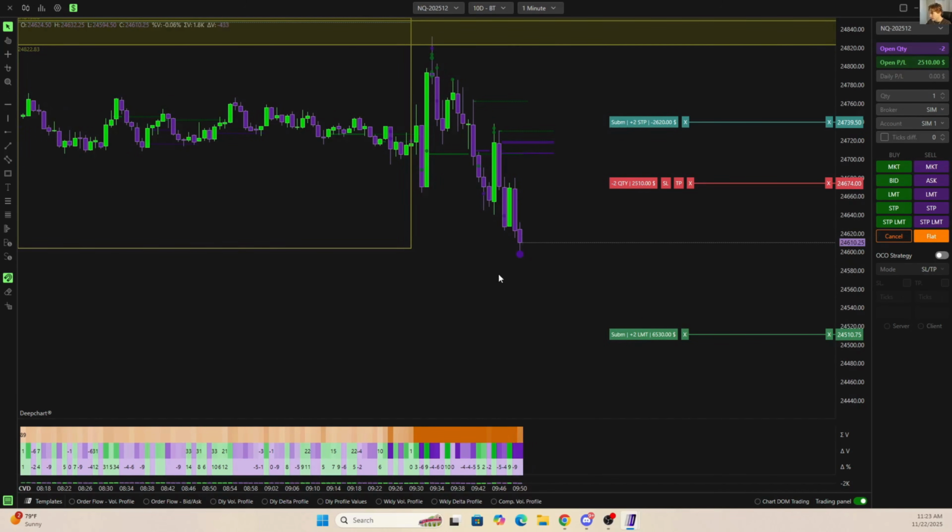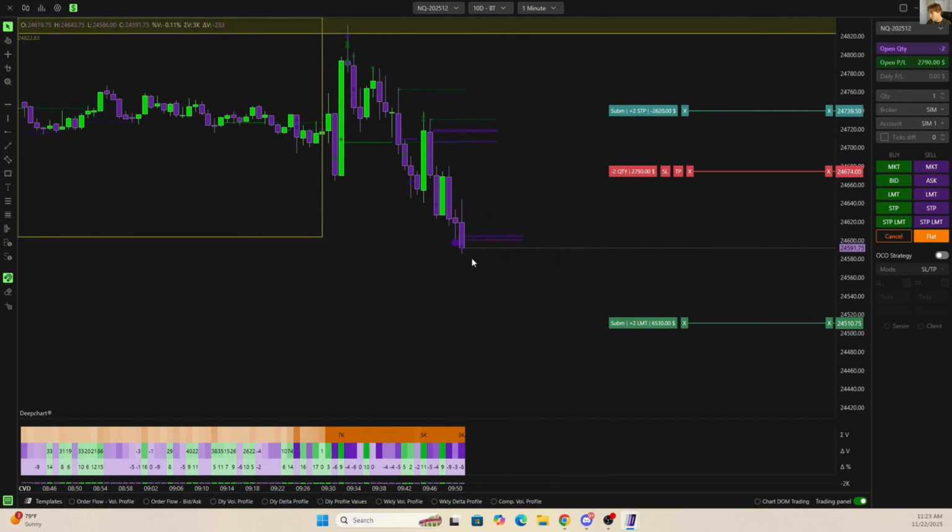We would want to see this break. We'd want to see this, but we would want to see a close below it. We would not want to see the market here have a strong push up above, back to our break even, and close above this range. You would not want to see that.